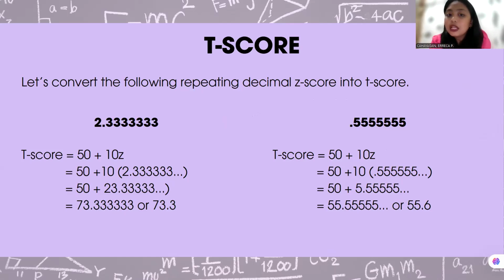There is a recommendation for this. So that the T-score will not be crowded with numbers, we can convert it into one or two decimal places. For example, 73.3333 and 55.656 become 55.6 or 73.3.